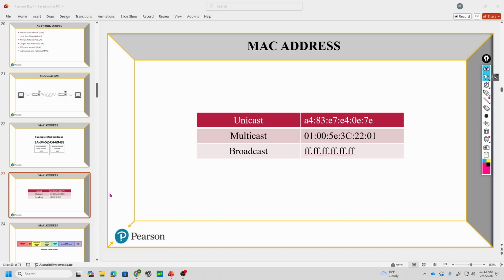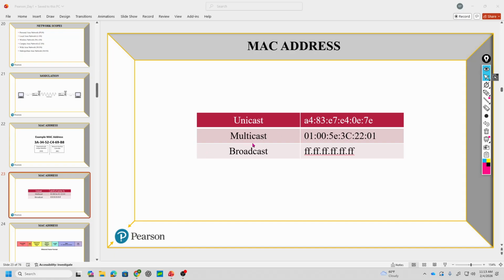Now, there are different types of MAC addresses beyond just the one on your NIC card. The one on your NIC card, like this unicast address, is specific to a device.